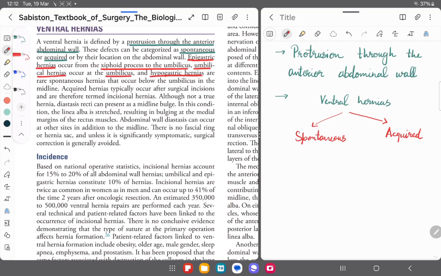Hypogastric hernias are rare spontaneous hernias that occur below the umbilicus in the midline. And acquired hernias typically occur after surgical incisions and are therefore termed incisional hernias.